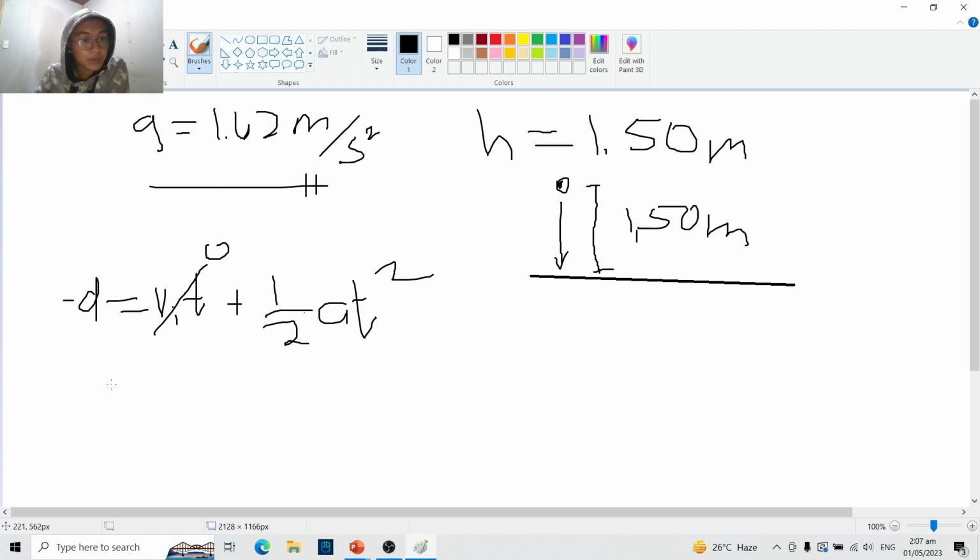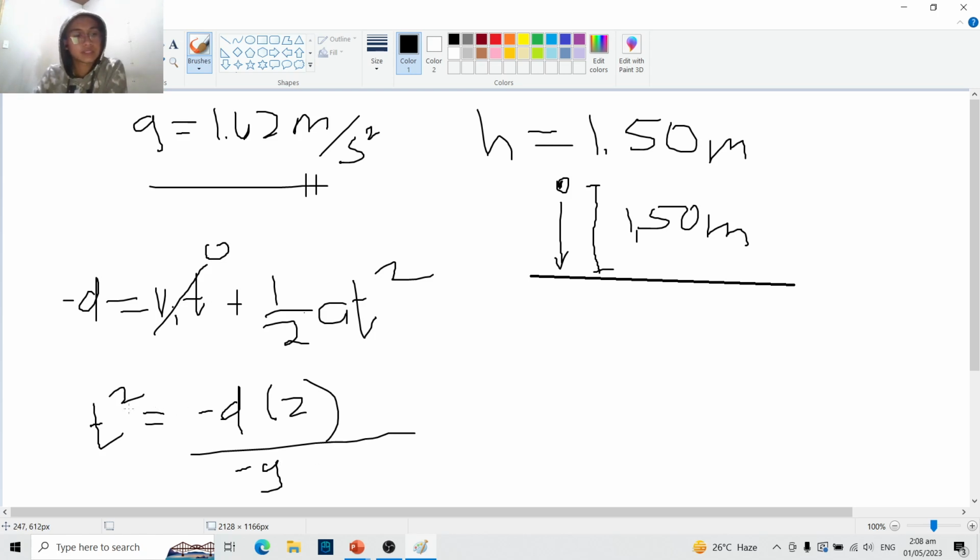So of course we manipulate the equation so that what remains is the time. So time squared is equal to negative d multiplied by 2 over the acceleration, or negative gravity.